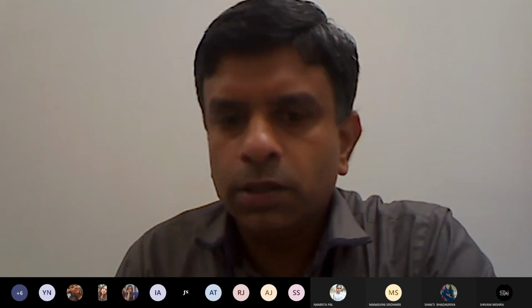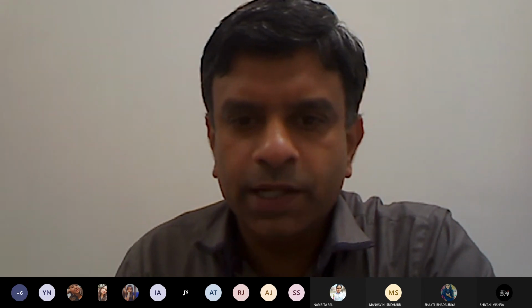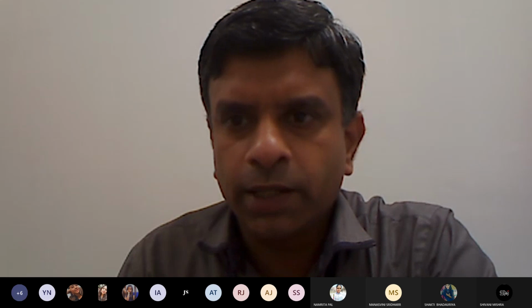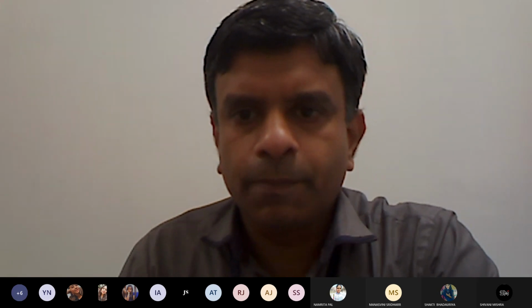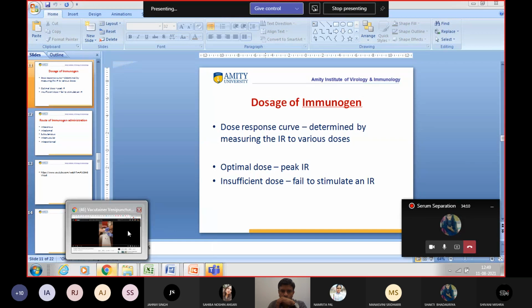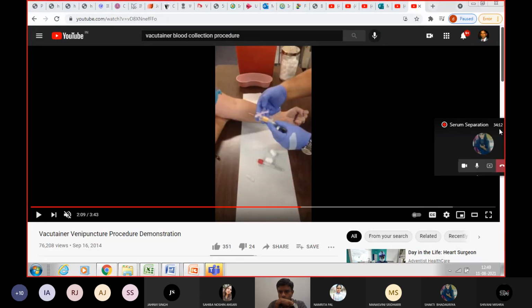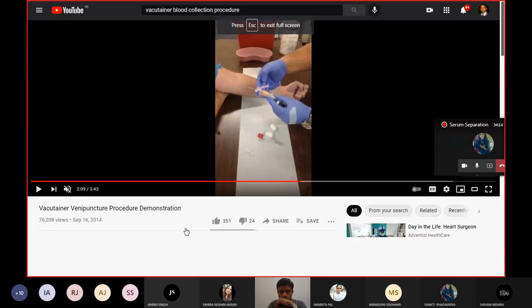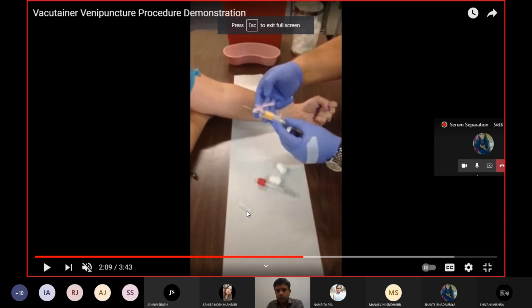Okay, let me show you how we collect blood in a Vacutainer. So you can see here that the doctor is having the Vacutainer and he has put this gold vial here, right?